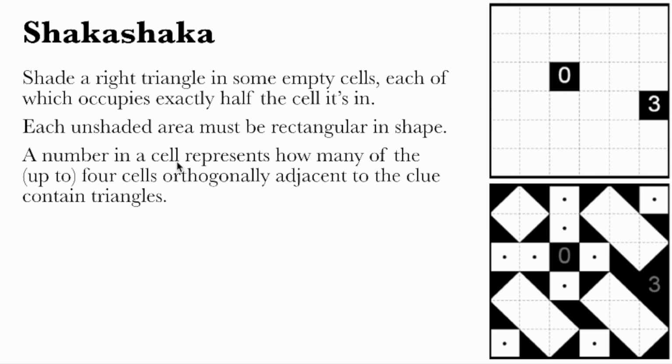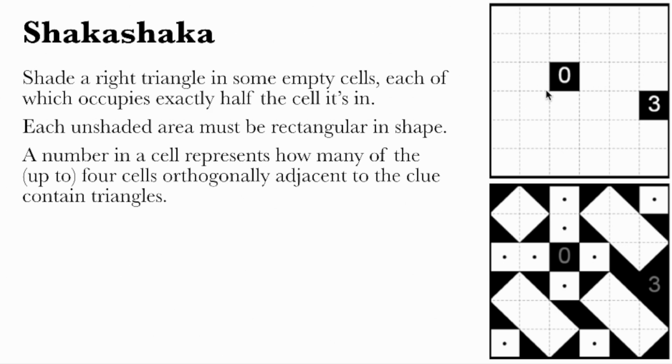A number in a cell represents how many of the up to 4 cells orthogonally adjacent to the clue contain triangles. So this 0 here is saying that all 4 of the cells orthogonally adjacent, which just means touching horizontally or vertically, how many of those contain triangles?